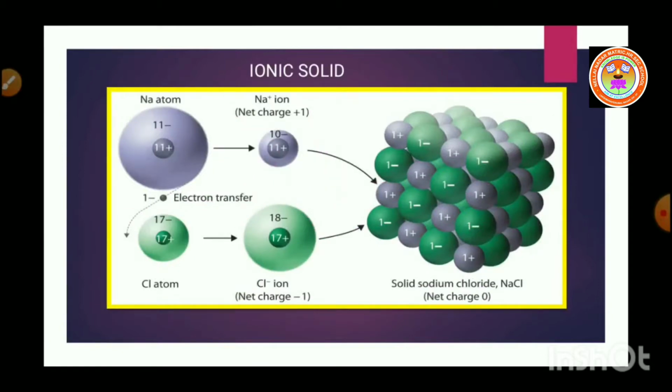Ionic solid means we need cations and anions, isn't it? How to form a cation? When an element loses one electron, it becomes a cation. How to form an anion? When an element gains one electron, it becomes an anion.